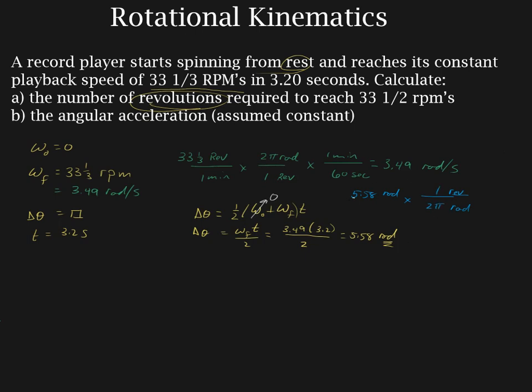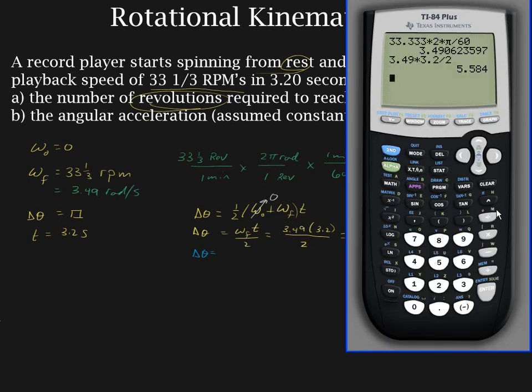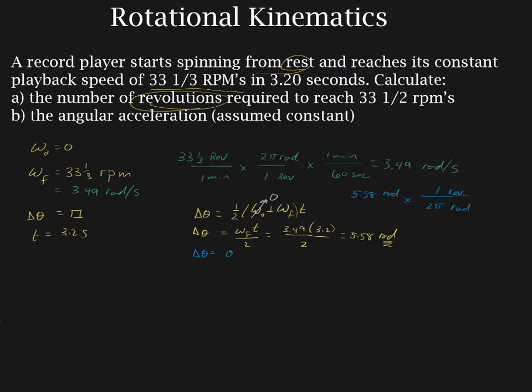So we take our answer of 5.58 and we divide that by 2 pi, and delta theta will become 0.889 revolutions. So that's the answer to part A.